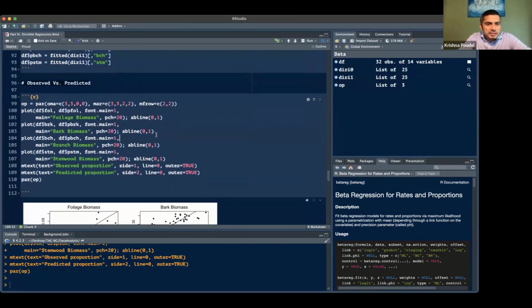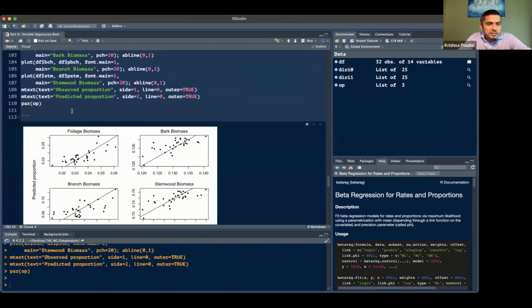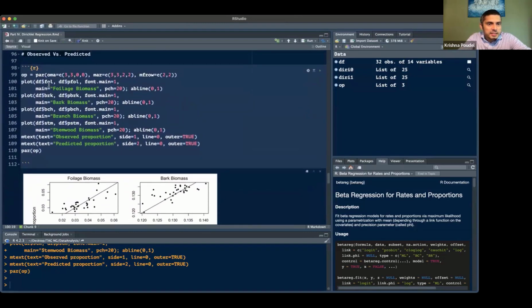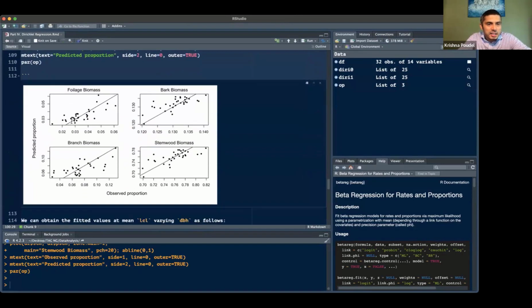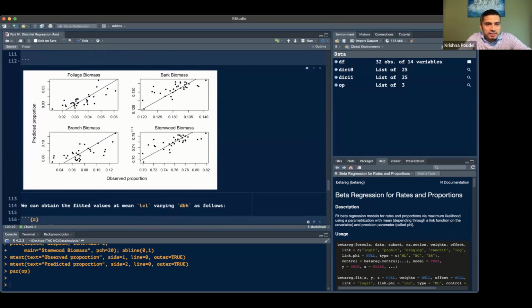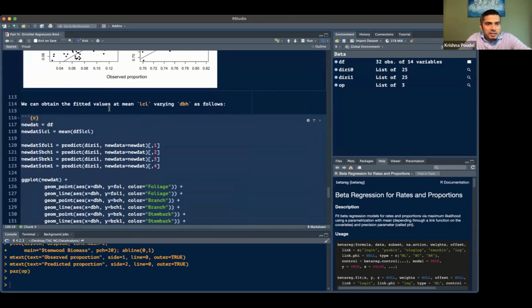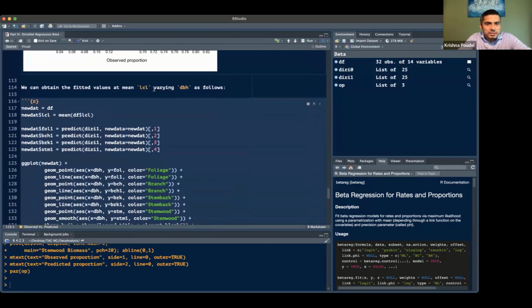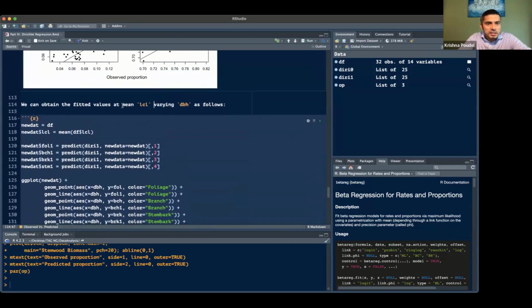So basically here I'm plotting the predicted values, with observed values on the x-axis and predicted values on the y-axis, and giving a title. Those are the one-to-one lines. And we can do the same thing by setting live crown length to its mean and changing DBH.